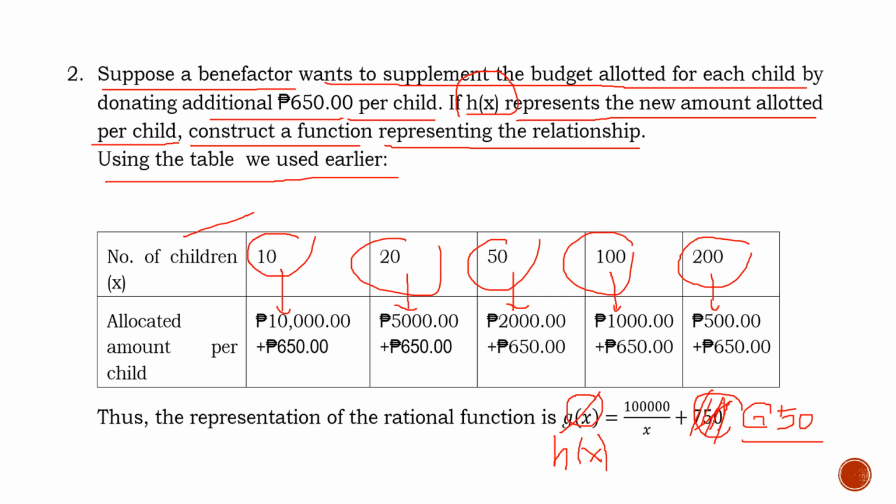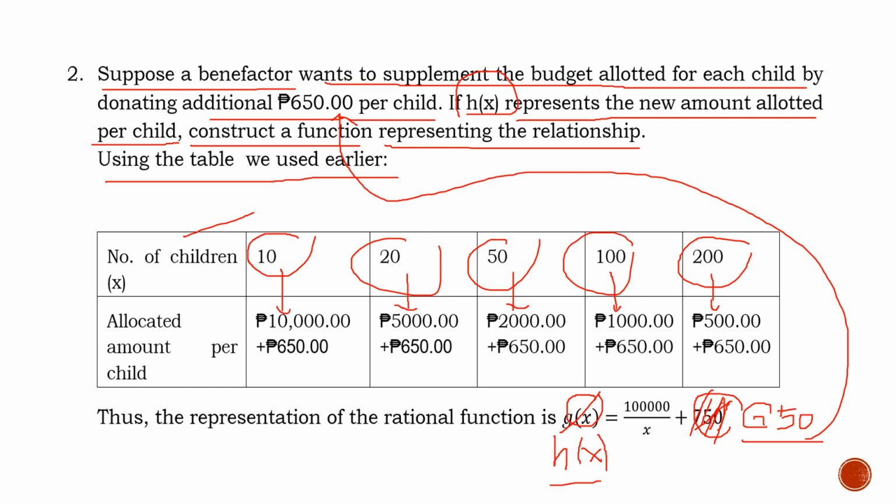This 650 represents the additional amount of money that each of the children will receive. We use the value of f of x from our first example, 100,000 over x, then simply add 650, because 650 pesos is the additional amount from the donations.